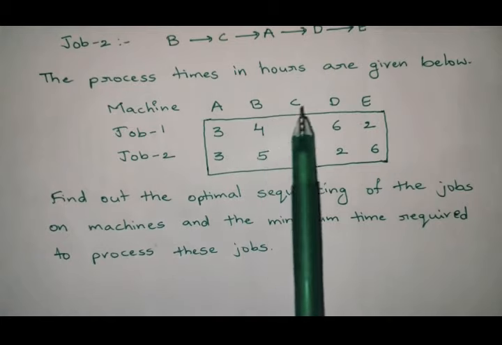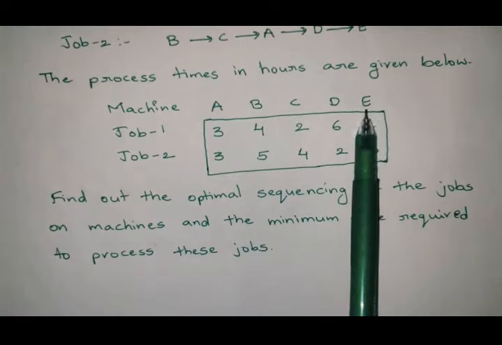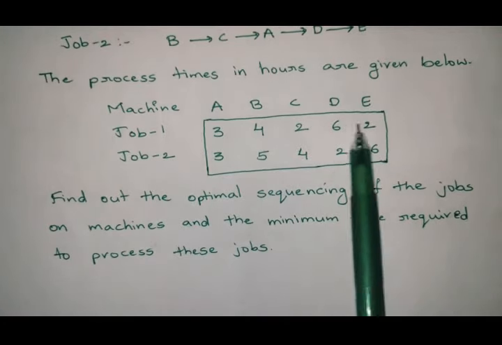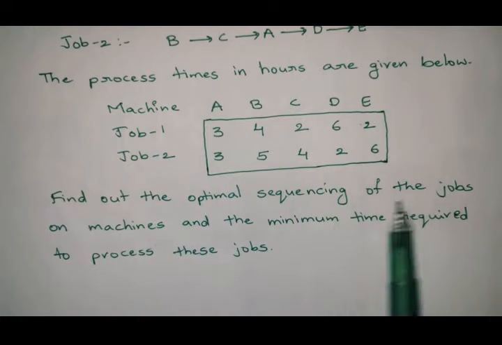The process times in hours are given for all 5 machines on job 1 and job 2.